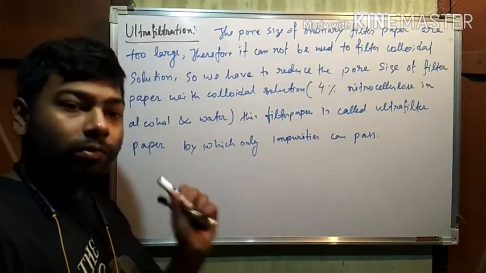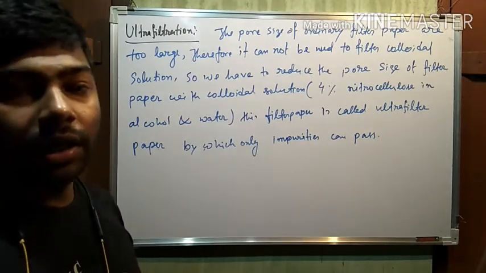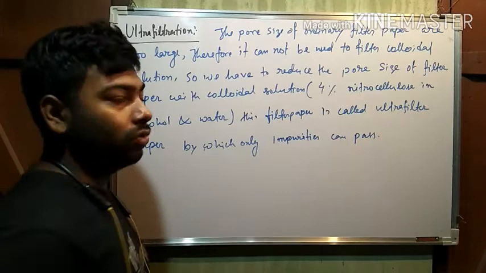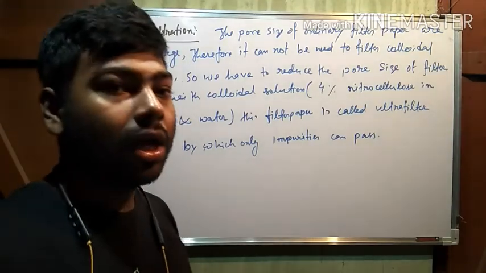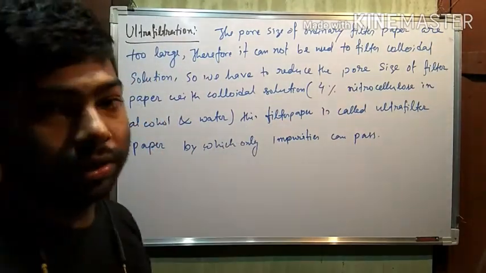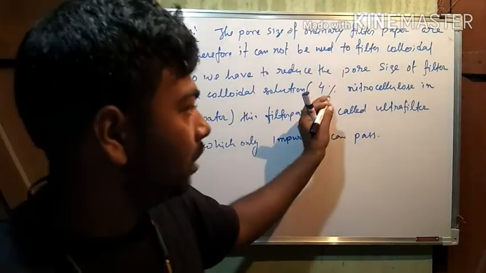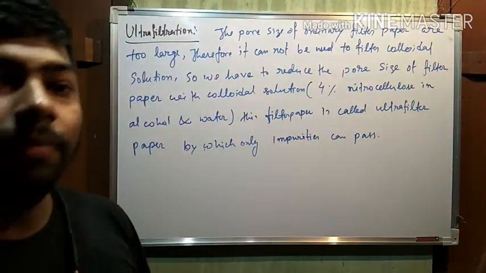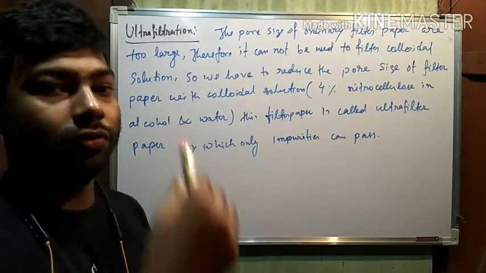To reduce the pore size, we are using a colloid here. This colloid is 4% nitrocellulose solution in alcohol and water. When we add this solution, that means 4% nitrocellulose in water and alcohol, to the filter paper, the pore size of the filter paper will get reduced.